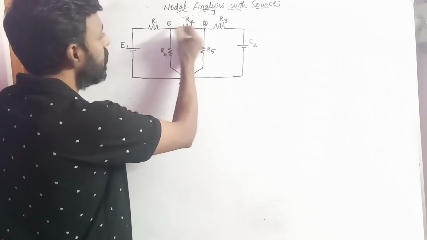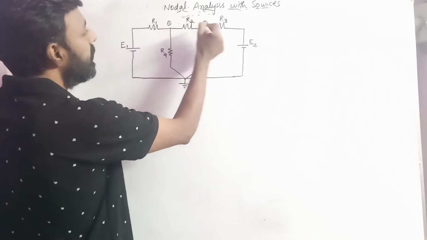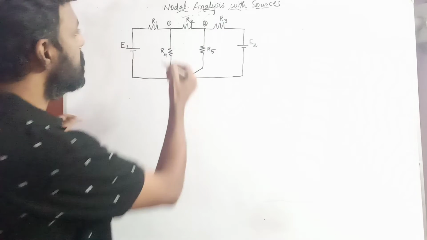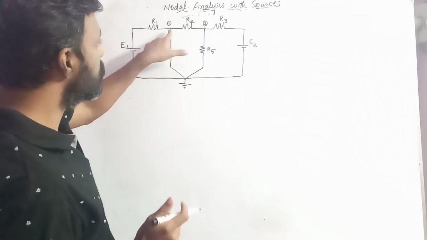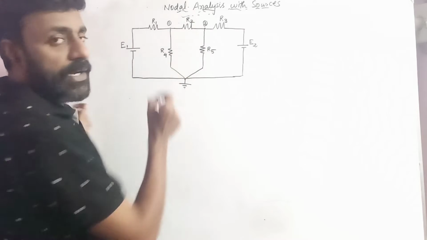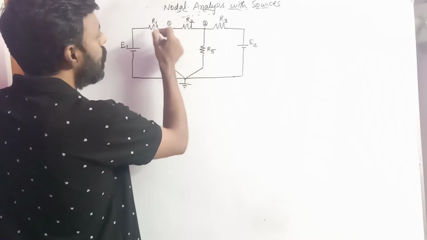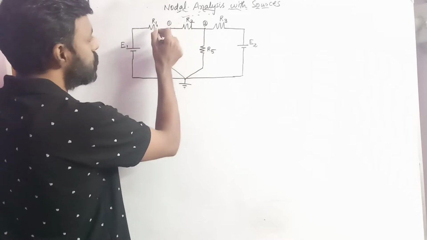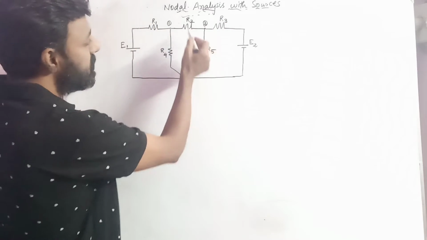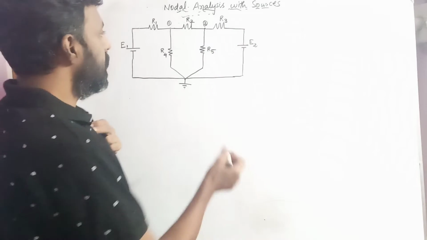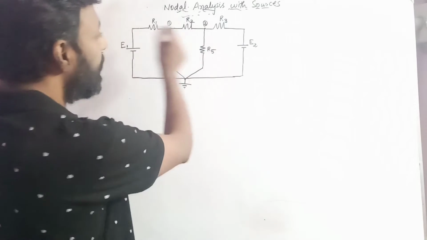These 1 and 2 are called nodes, because a node is a junction point where two or more elements are connected. Here this node is connected with three elements, and this node is also connected with three elements. So obviously these two junction points are considered nodes in this electrical circuit.